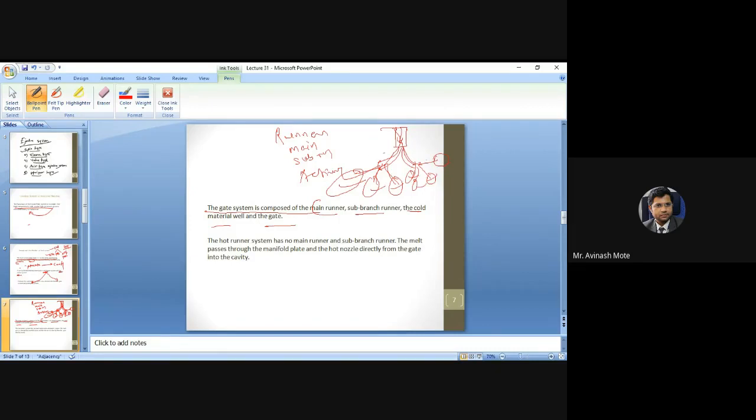You can manufacture with the main runner also, but the main runner will be connected to only one product by using a gate. Only one product. So if you want more products, go for sub runners. That is the role of sub runners or activity runners. As in casting, the same thing will be here.